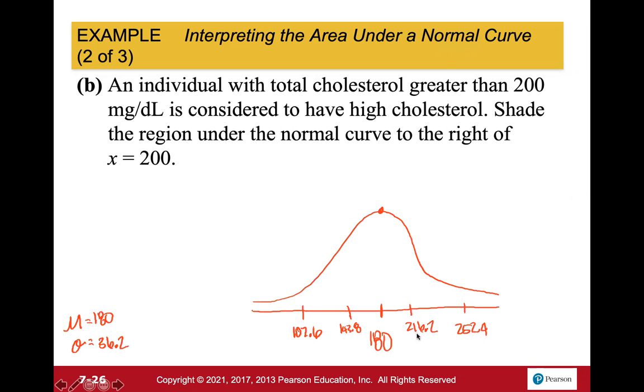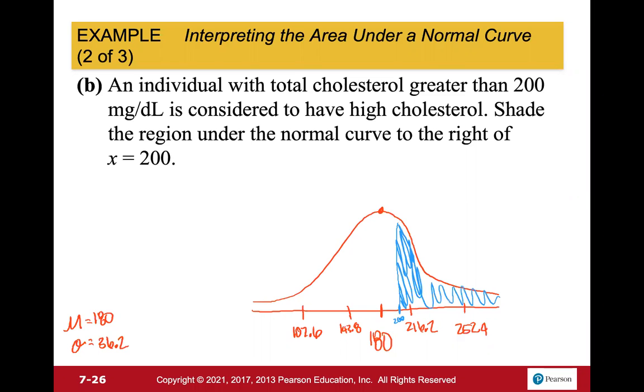So about 200 is going to be right here. One more time, shade the region under the normal curve to the right of 200. So to the right of 200 is going to be this shaded region right here.